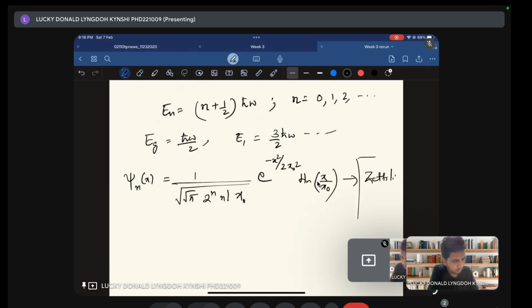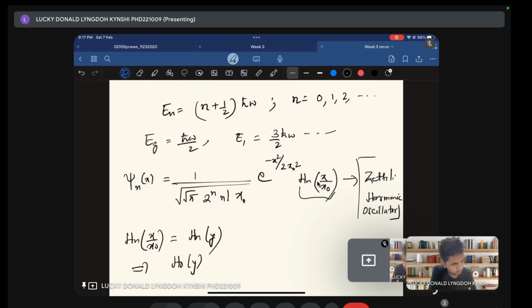Zlib, harmonic oscillator. And this Hn of x by x naught, we can write as Hn of y, in which H0 of y equals 1, and H1 of y is equal to y.